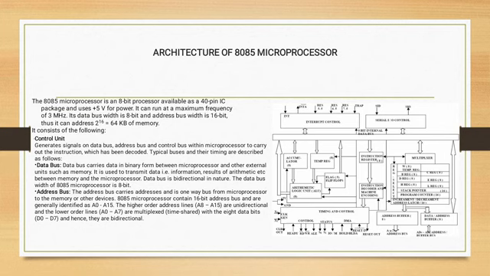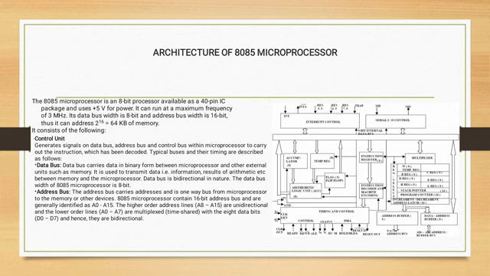Now the general purpose registers. The 8085 processor contains 6 8-bit general purpose registers. They are B, C, D, E, H and L. To hold 16-bit data, a combination of two 8-bit registers is employed. We can see B and C, after combining, it will be a 16-bit BC register pair.